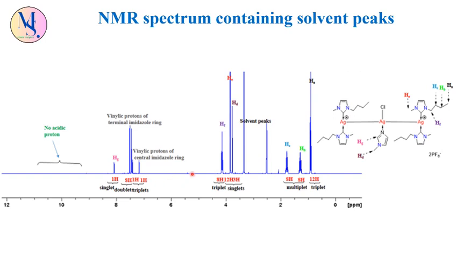So in this NMR spectrum, you can see the solvent peaks due to presence of acetonitrile and water, which are used during the synthesis and solution formation of this compound. So deuteration doesn't mean that the solvent peaks will not appear. They may appear, but their intensity is not so high that they interrupt the appearance of signals of protons of our desired compound.